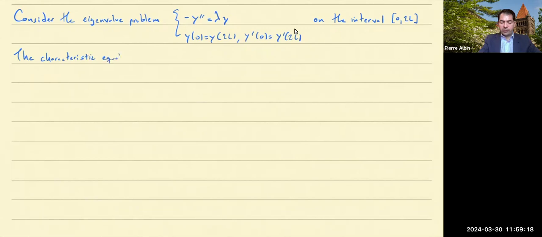The characteristic equation is r squared plus lambda equal to 0, and it has roots r equal to plus minus square root of minus lambda. So we have three cases.